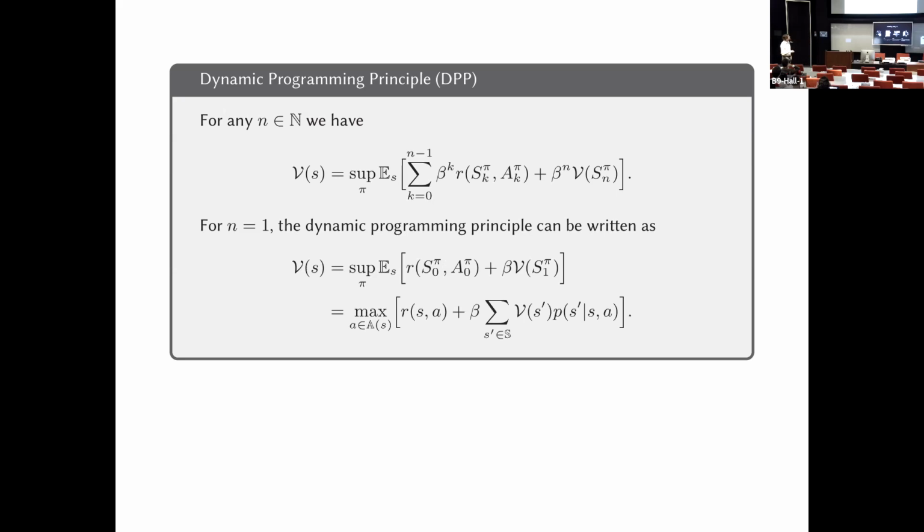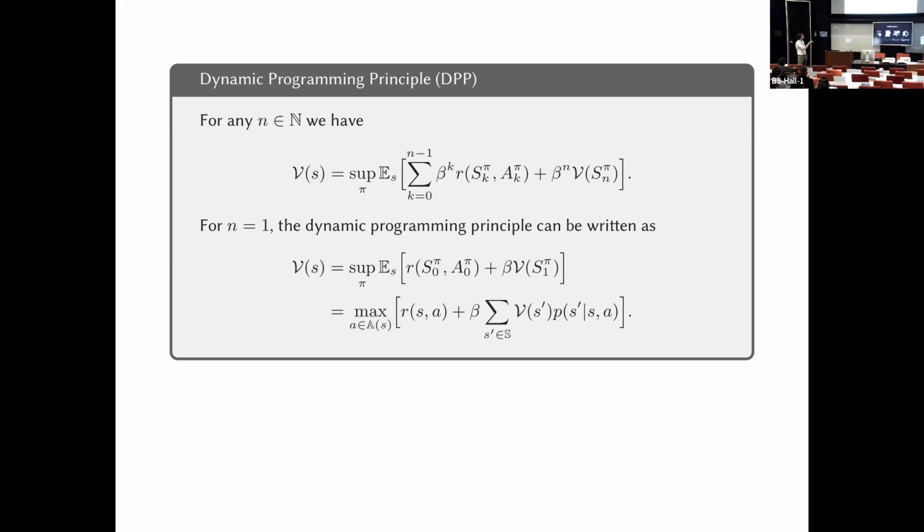And since everything is finite, I can actually write that down more appropriately. So instead of maximizing over all policies, I just maximize over all actions which are allowed. Ignore here that we are able to choose probability distributions. You can show that it boils down to choosing a deterministic action, mainly because you only have a deterministic state available anyway. You know your initial state, then you choose an action and receive that reward.